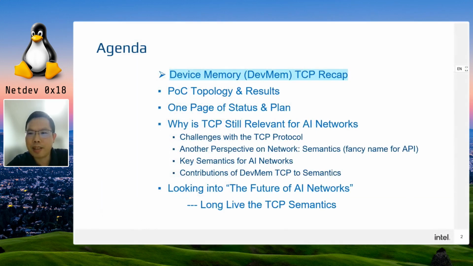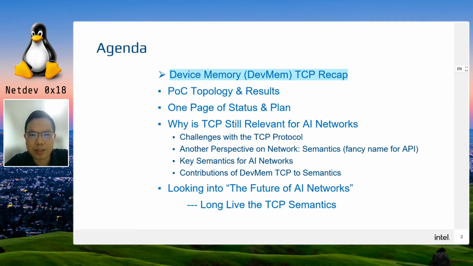So let's take a look at the agenda today. It mostly has two parts. The first one we will recap the device memory mechanism and also our POC. And the second part is mostly for the TCP, how it is relevant to AI networking.